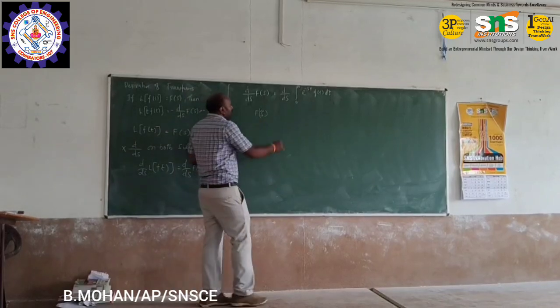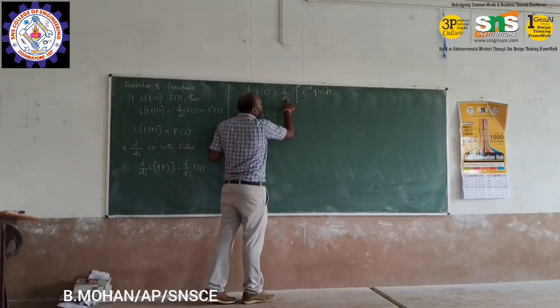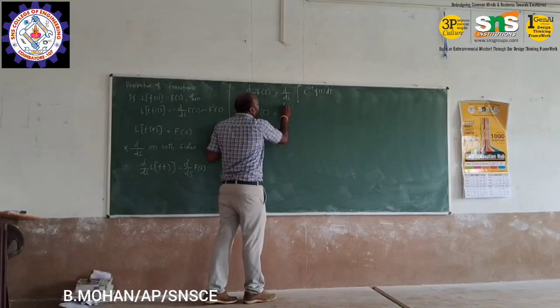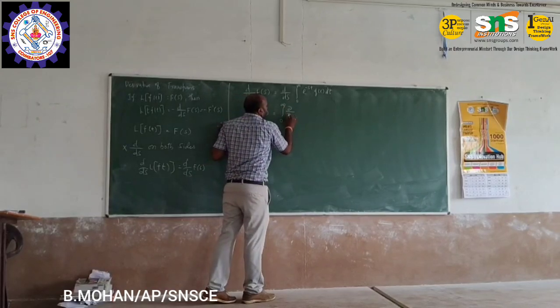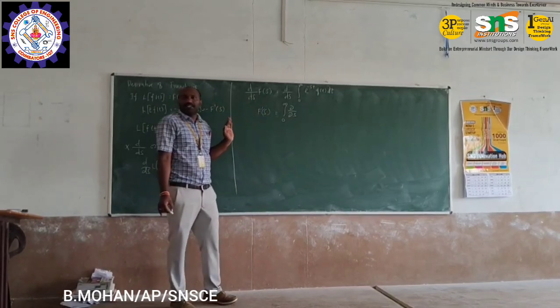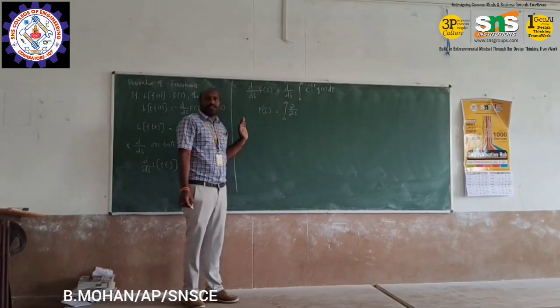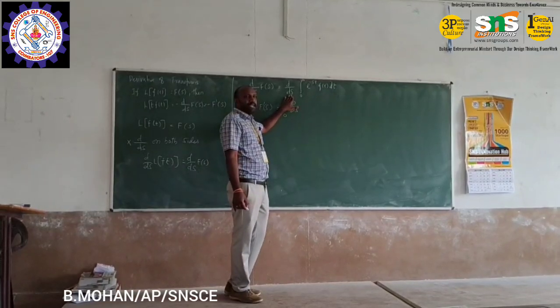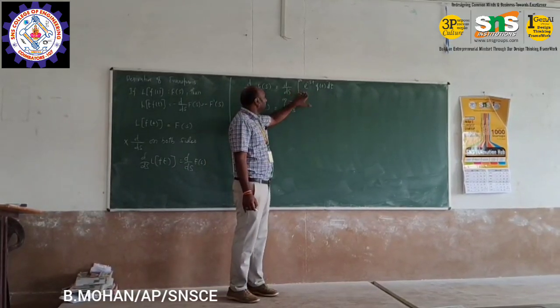Then the d by ds will go inside the integration, and it will convert into partial differentiation, dou by dou s. The basic difference is that normal differentiation is d by ds, and we include the integration.